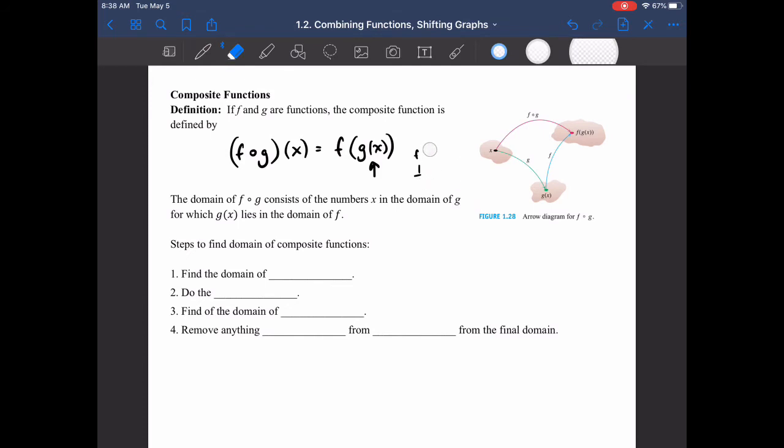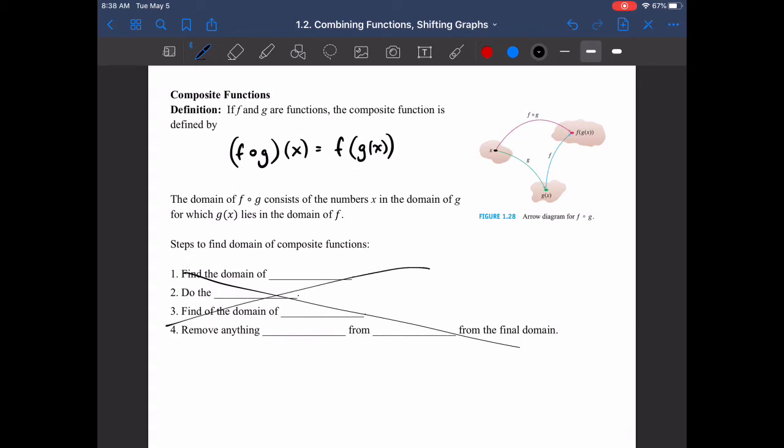So how do you go about finding the domain of your composite function? There's a 4-step thing here. I think we can simplify it down to actually just 3 steps that I like a little better. First step is find the domain of g. That's the internal function, okay? This is for f of g of x. 2, find the domain of f.